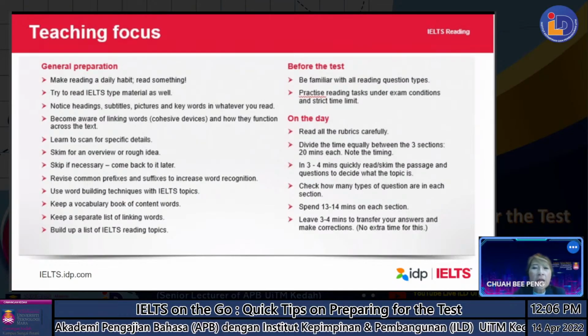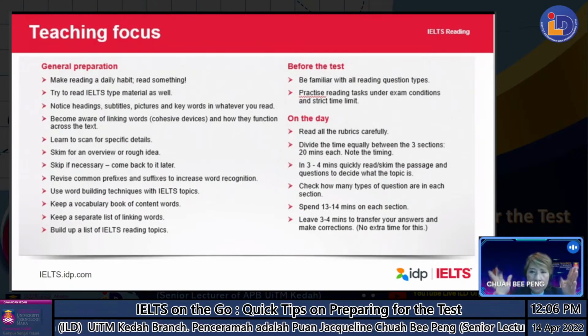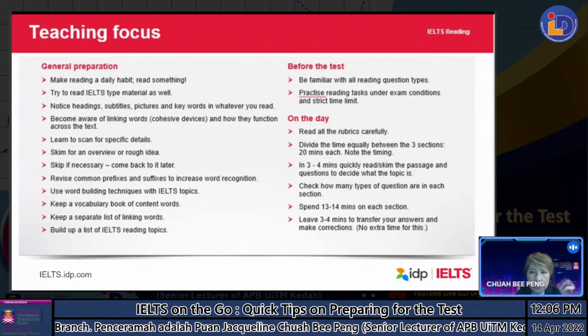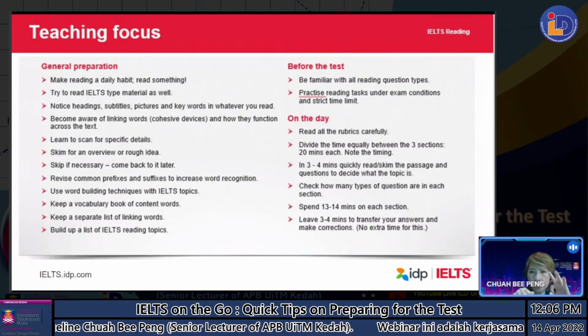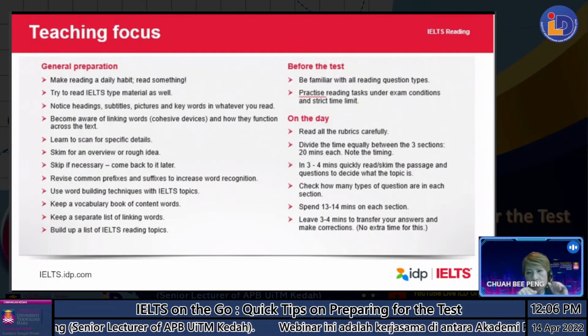Don't do that. What I always advise in my workshops to the potential test takers is that you have 60 minutes and 3 sections. So how much time should you spend on each section?